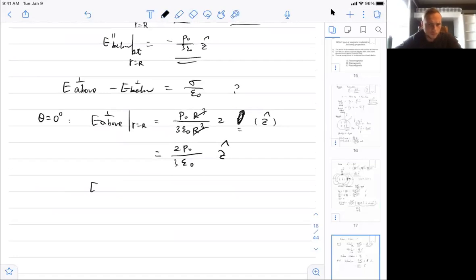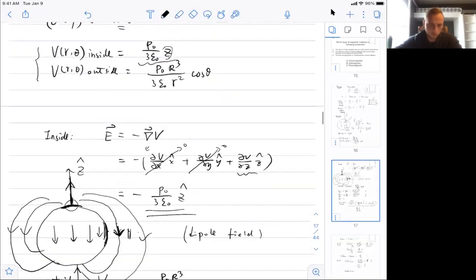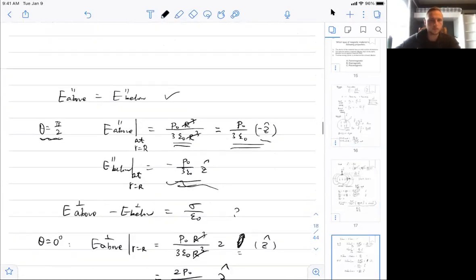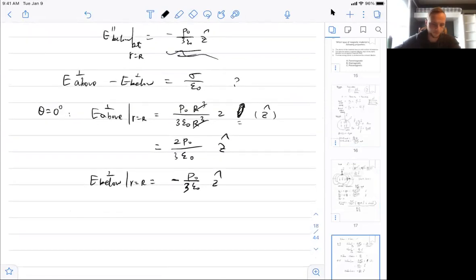Okay, now let's do the below. Below is this guy, negative P naught over 3 epsilon naught Z hat, because that's inside, which we already calculated. So do they indeed match up with your boundary conditions? Let's see. You use E above minus E below at the boundary, of course.